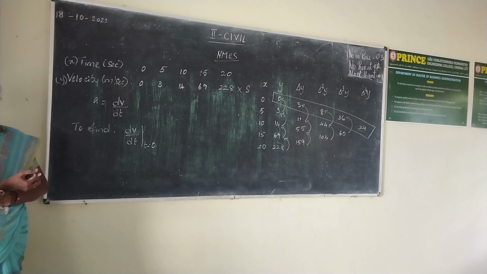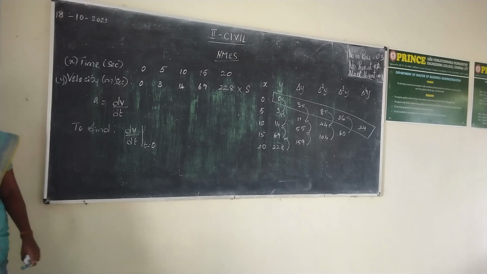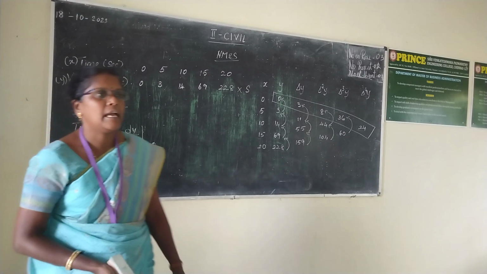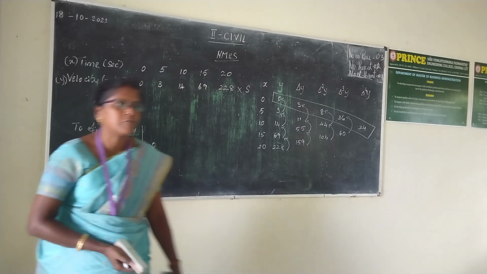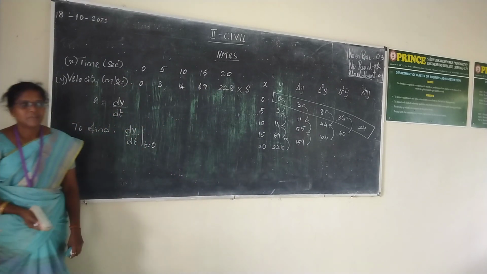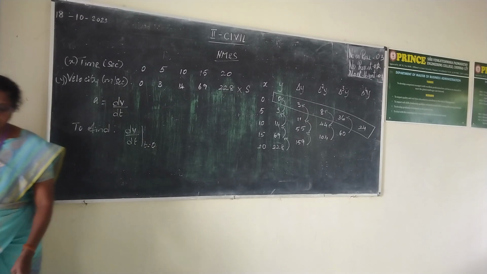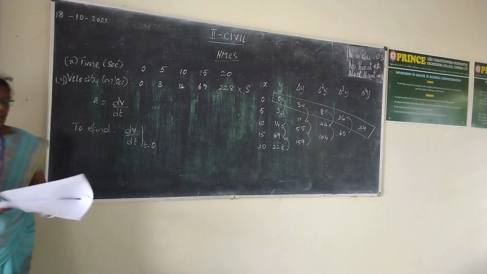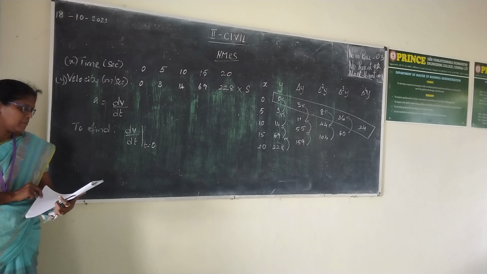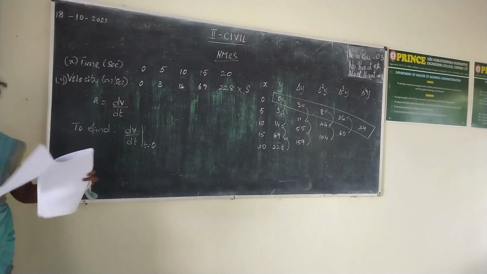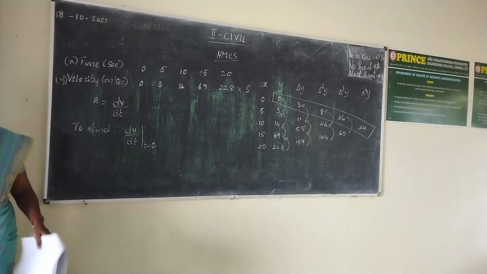What is the next step? Formula. Write by NFIF, Newton's Forward Interpolation Formula. dy by dx is equal to.